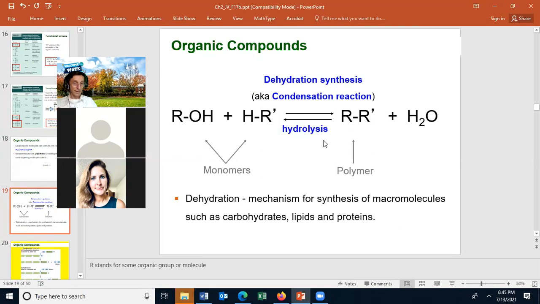And hydrolysis is the opposite of dehydration synthesis. So dehydration synthesis is used by cells to make the biological molecules, the macromolecules, such as a complex carbohydrate, a lipid, and a protein. And then when the body wants to use that macromolecule, it can start degrading it by a hydrolysis reaction.